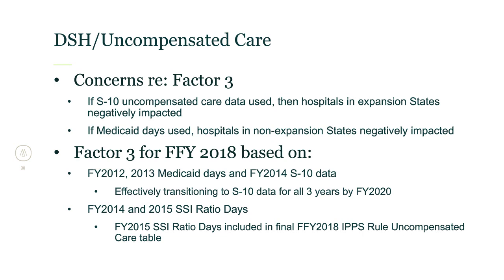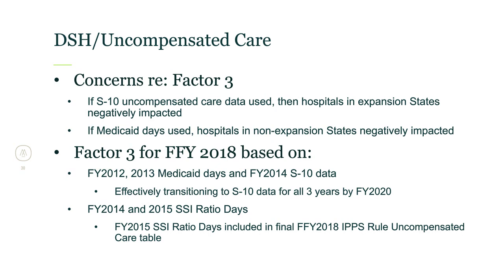States that never expanded insurance coverage under ACA will receive a greater percentage of the Factor 3 DISH payment pool as worksheet S10 data is transitioned into the allocation. So in short, if you're a hospital that expanded insurance coverage under ACA, CMS's decision to use worksheet S10 data is generally not in your favor.